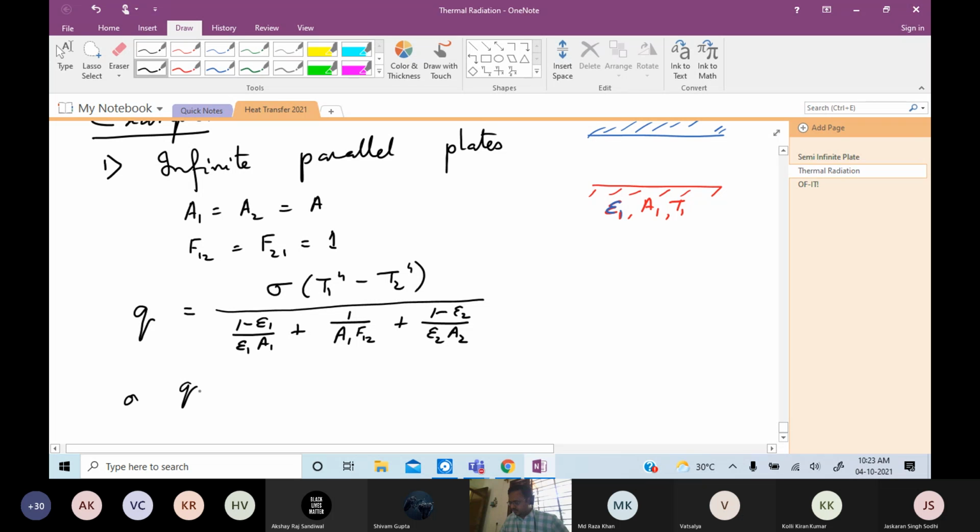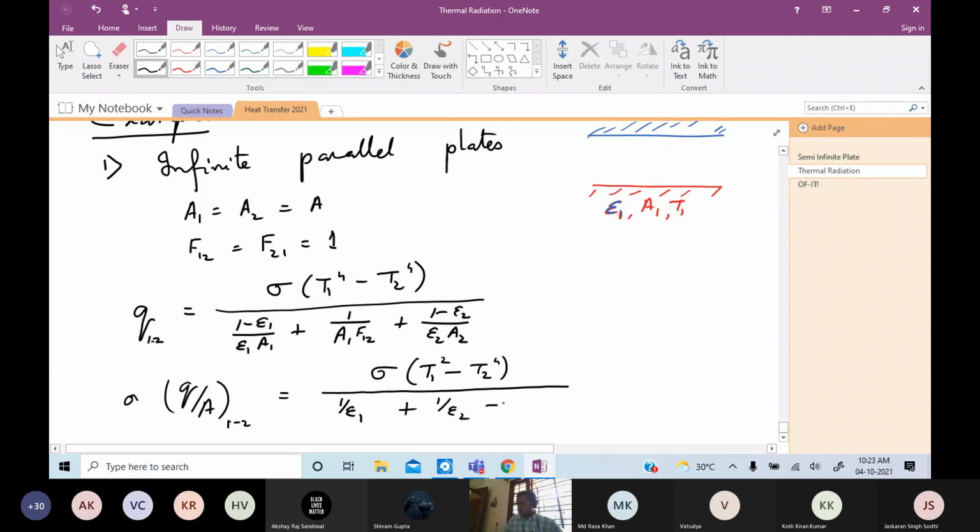So let me take it out and say Q by A 1 to 2. Let's do some simplification and use the fact that the shape factors are equal to 1. So what do I have? 1 over epsilon 1 minus 1 plus 1 over epsilon 2 minus 1.